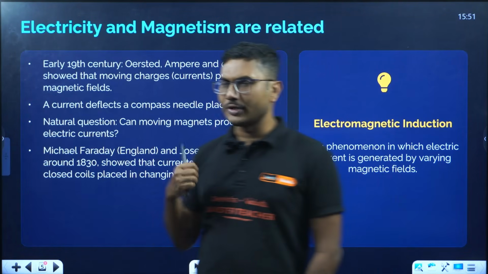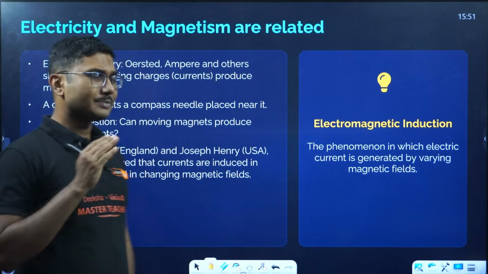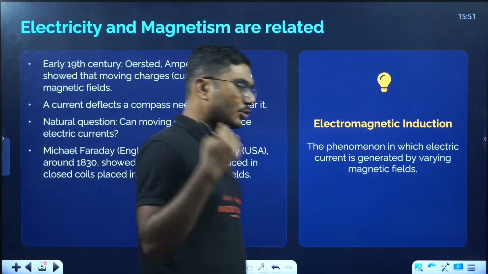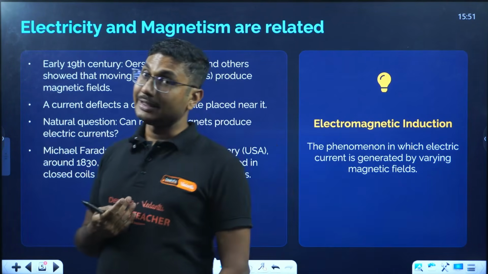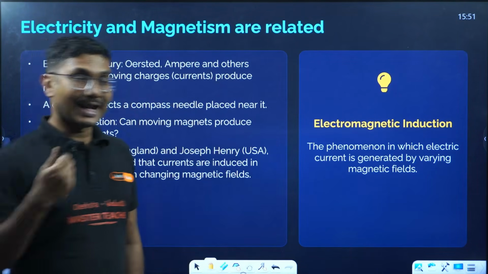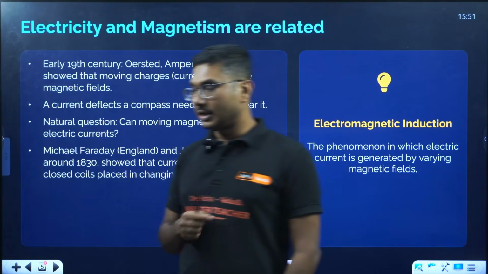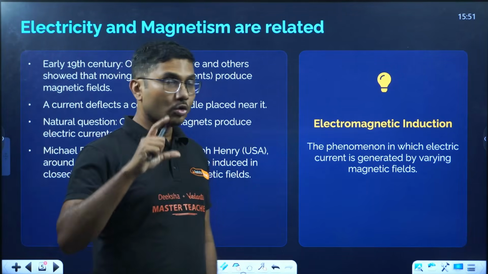We will see that, don't worry, we will see everything in detail. But the experimental background, the theoretical background is the question that came into our mind: can a moving magnet produce electric field or current? Yes, it can produce current. If you change the magnetic field lines associated with a closed loop, that is important.